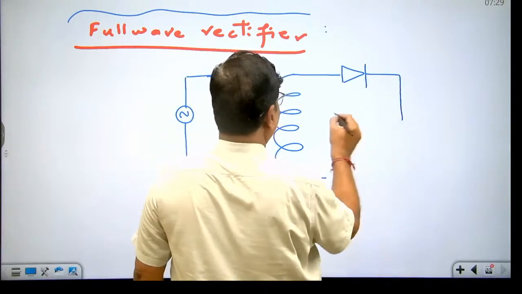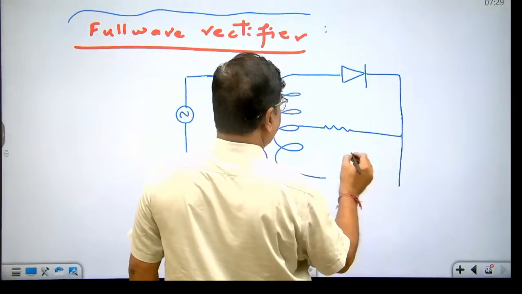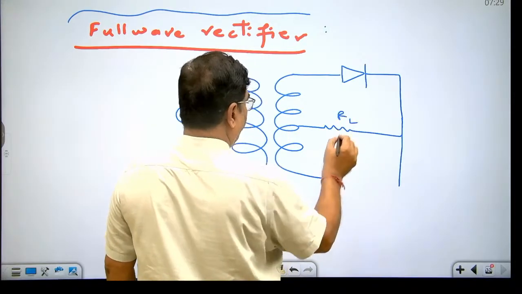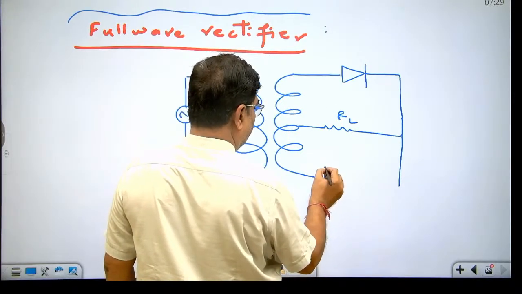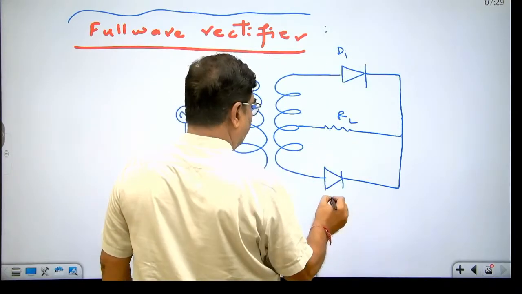This is one diode. This is a centrally tapped transformer, which maintains the phase difference of pi, and the output signal is obtained across load resistance RL. This is diode D1 and this is diode D2.